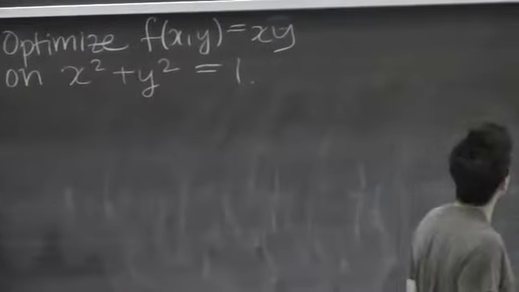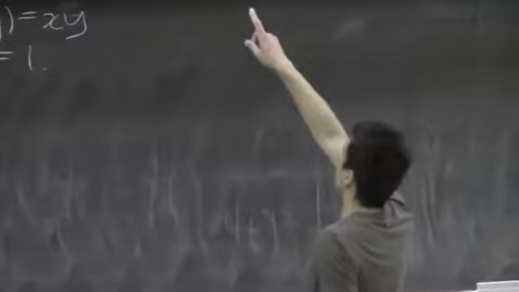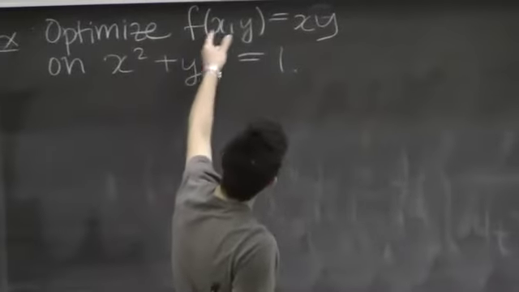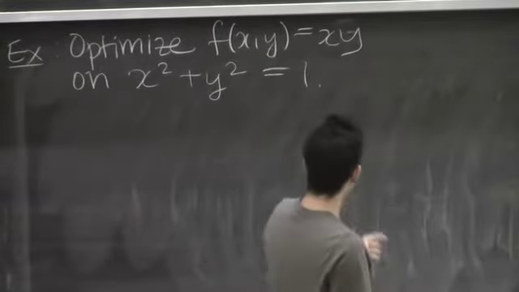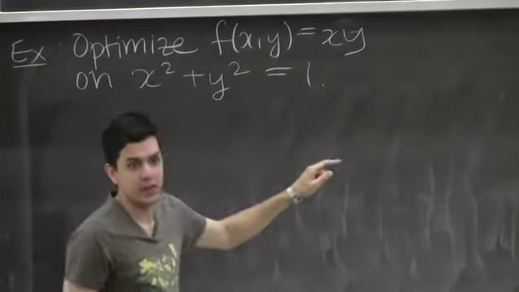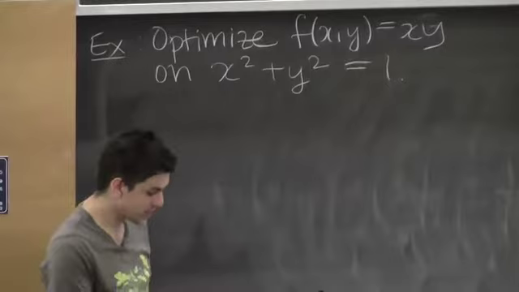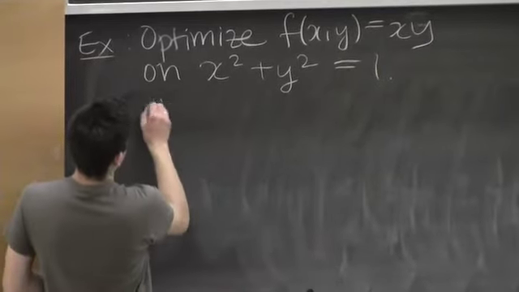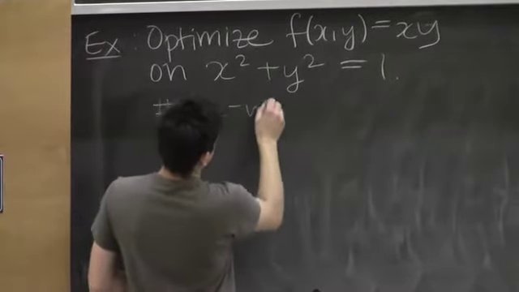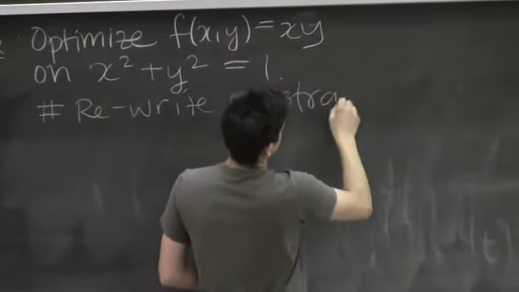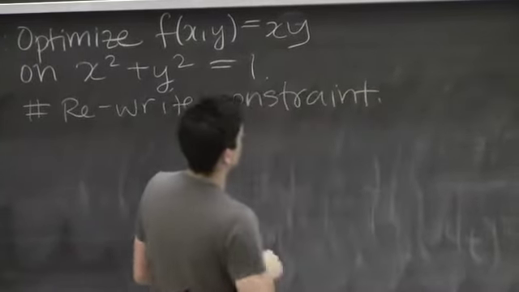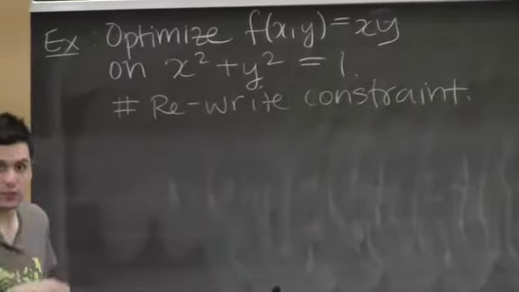Looking at this, we want to optimize f subject to a constraint that equals 0. Right now, though, we've got a constraint that equals 1. So we have to start off by rewriting the constraint, so that we get something that equals 0.